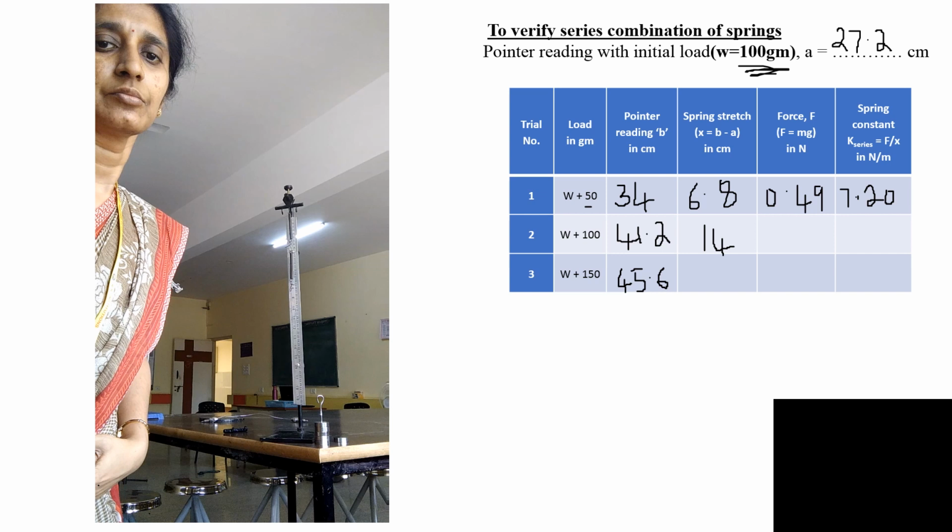And the force is 0.98, obtained by taking mass as 100 gram multiplied by 10 raised to minus 3 to make it kg, multiplied by 9.8. So 0.98 divided by 14 is 7.